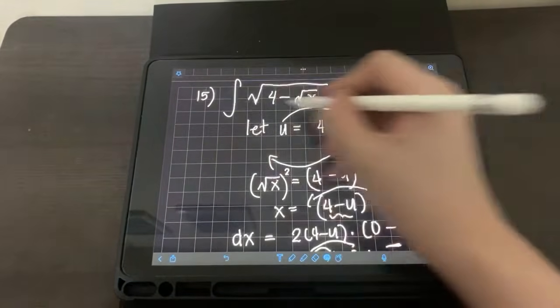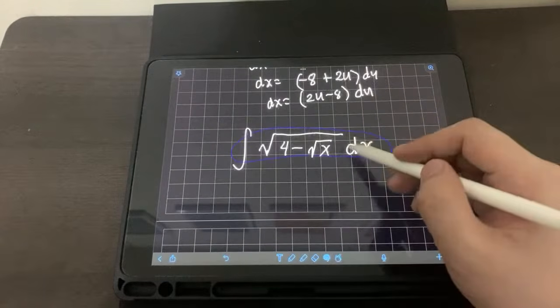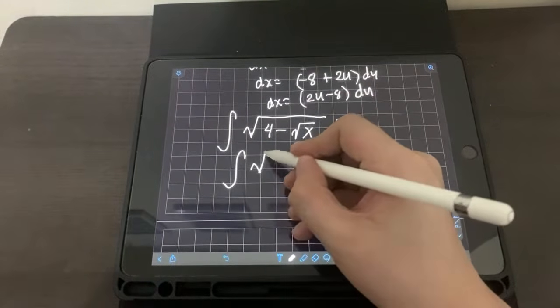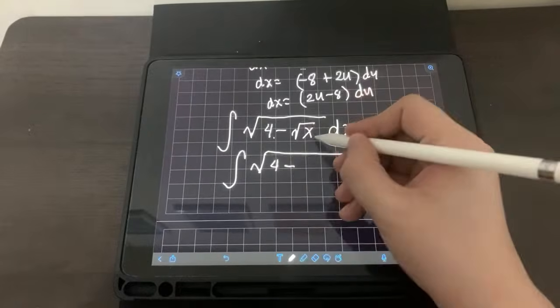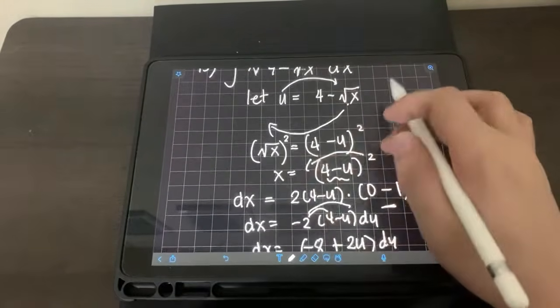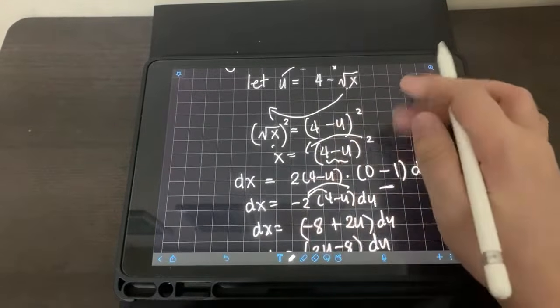So, let me copy the original integral. So, we now have integral square root of 4 minus, what is square root of x? Earlier, we solved that square root of x is, without the square, 4 minus u.